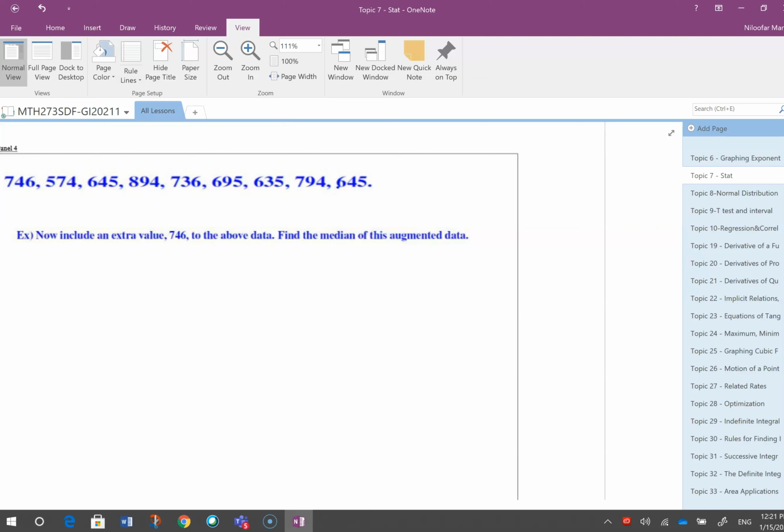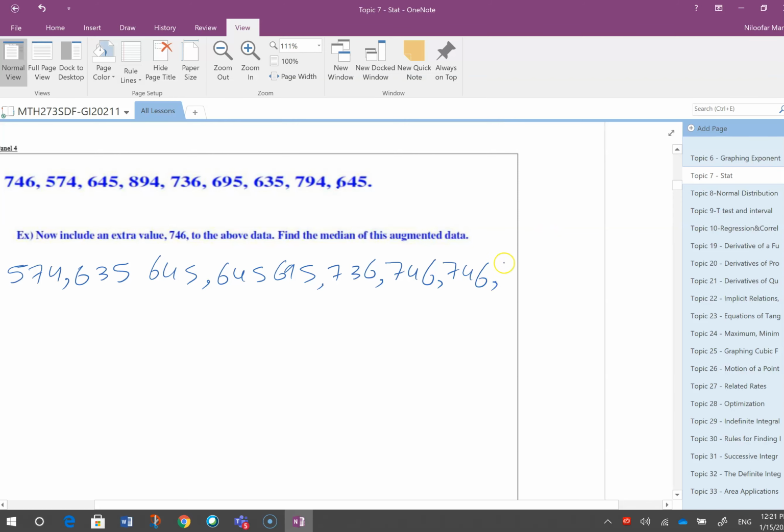Then I need to again write them in order. This is 574, this is 635, this is 645, this is 645, this is 695, and that's 736, and then 746, and then 746 again, and then 794, and then 894.